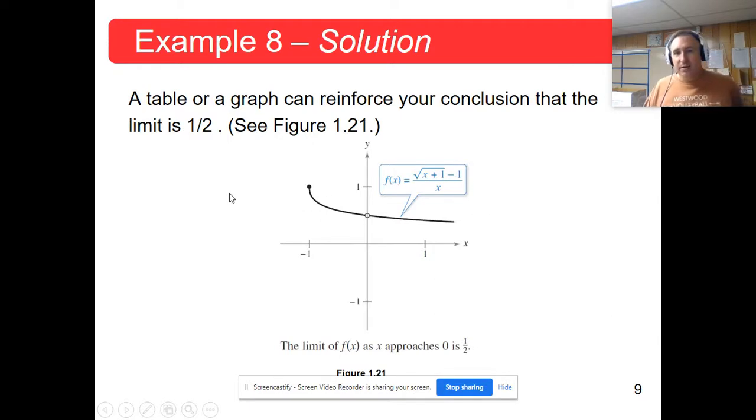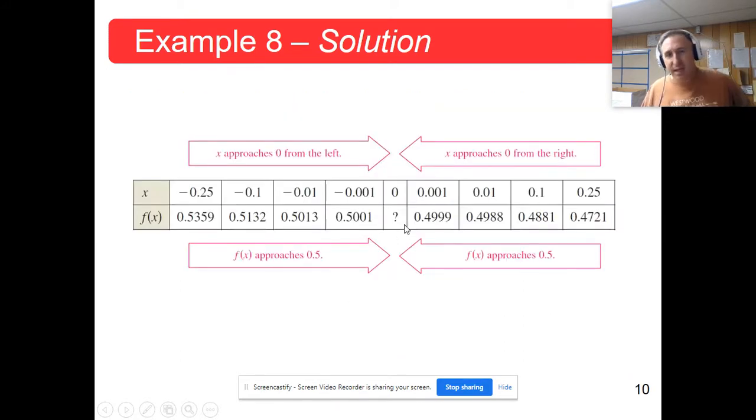And again, looking at the graph, we would have seen that it was actually approaching a half anyway on the left and the right. We can also look at the table and see the same thing. So rationalizing, we're going to practice that here in a little bit, but rationalizing is an important skill to be able to break up the indeterminate form.